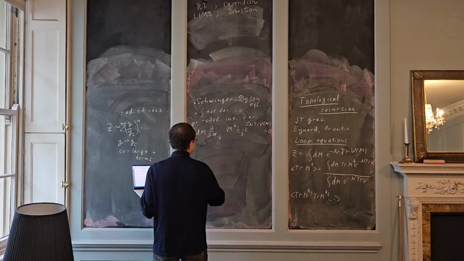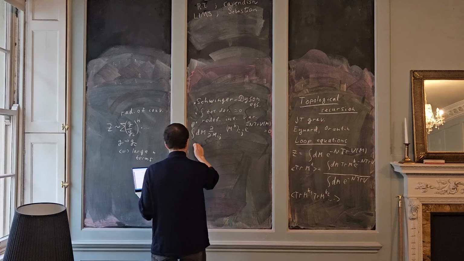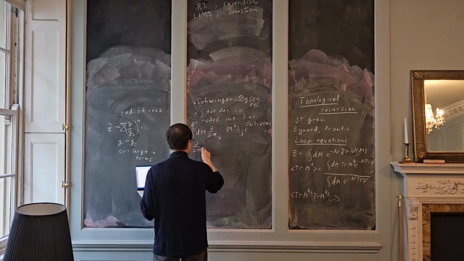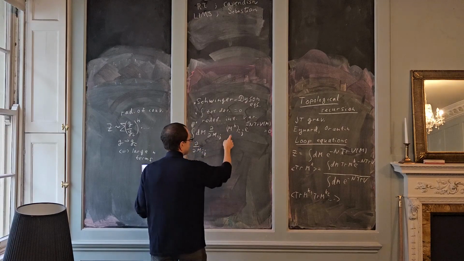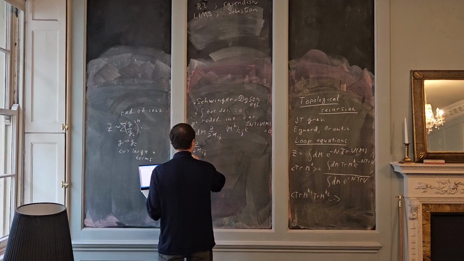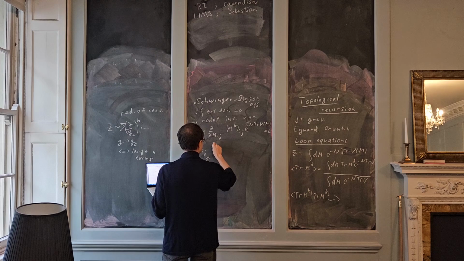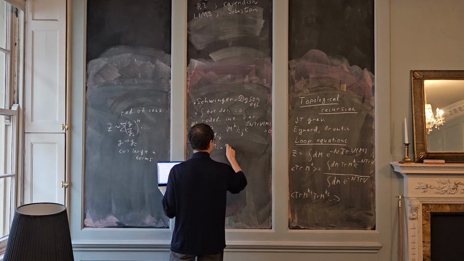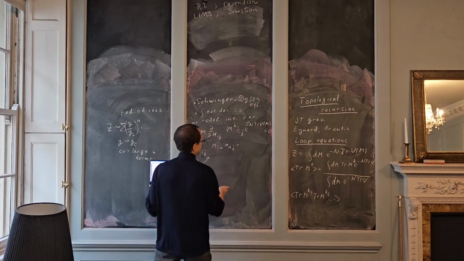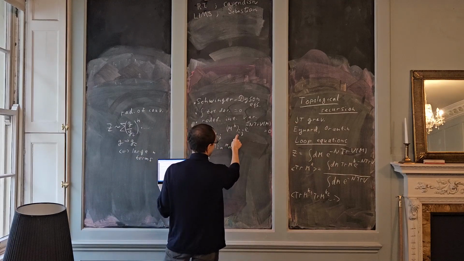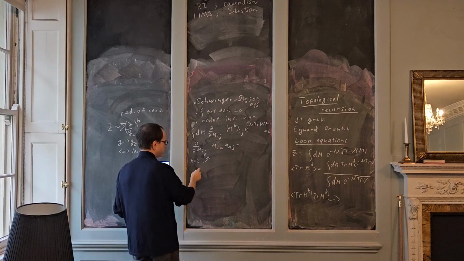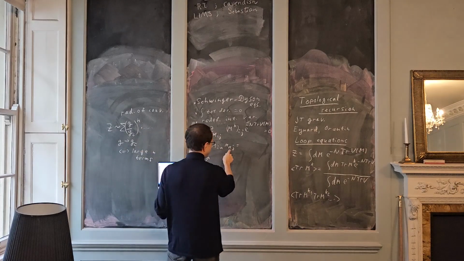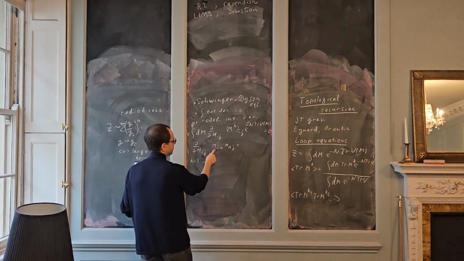Let's do a couple of examples to see what it is. Take d by dm_ij, and let's say k equals 2, so m squared, which is m_ia m_aj, m squared with indices ij. When I differentiate, I can hit either the first one or the second one. Suppose I hit the first one.